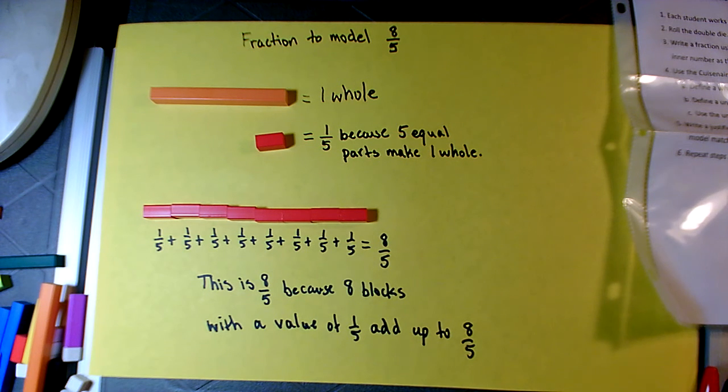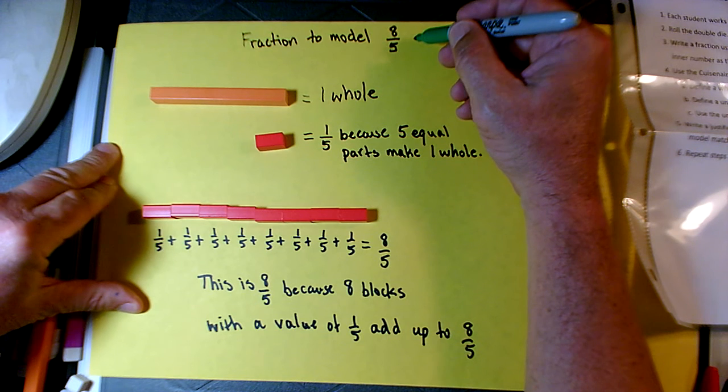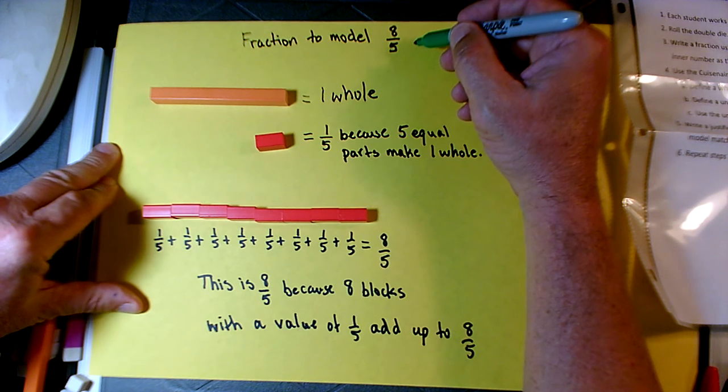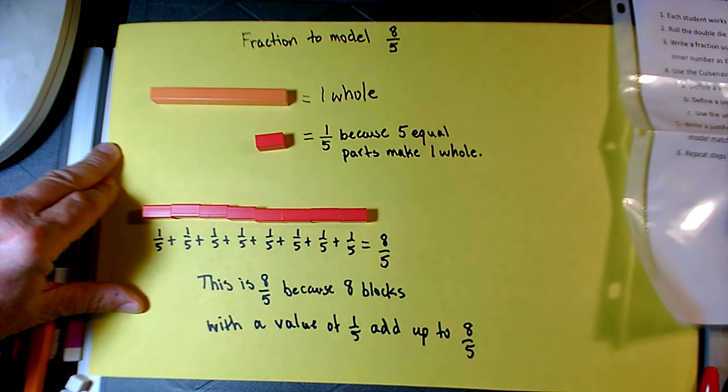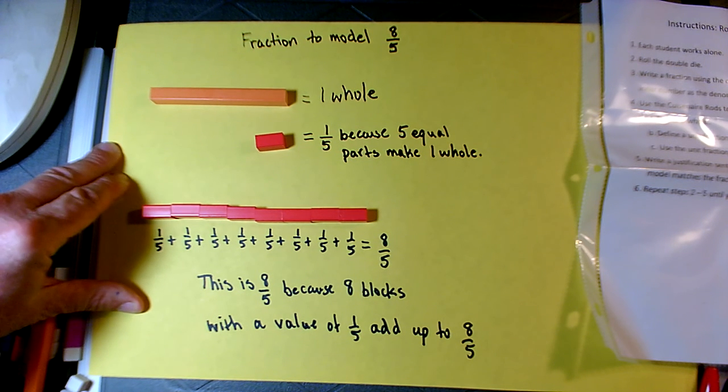Next, you are asking students to write specific things, such as write a fraction using the outer number as the numerator and the inner number as the denominator. That's helping your English learning students develop the academic language necessary to understand mathematics. And not just English learning students, all students need to develop that.